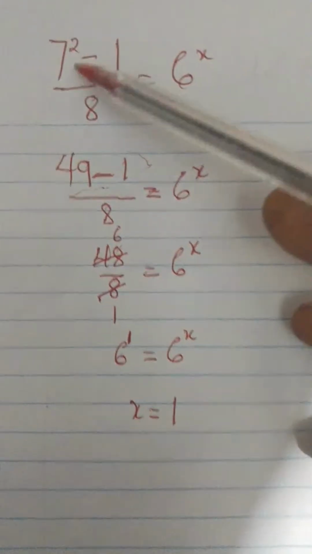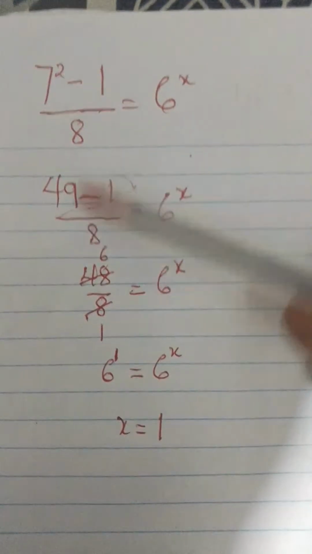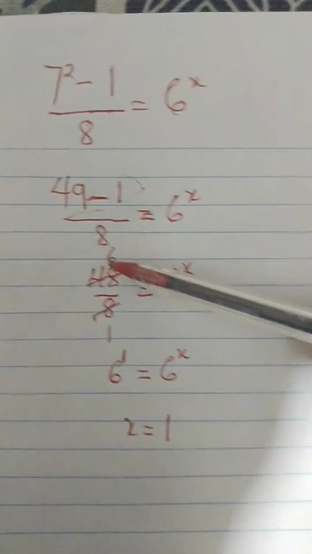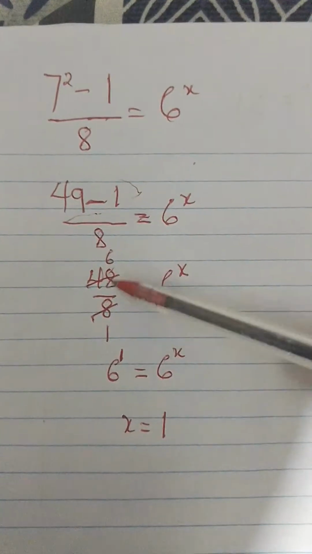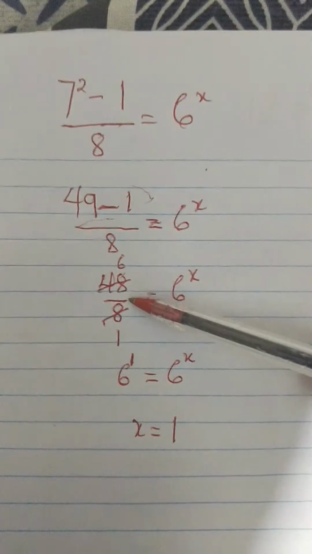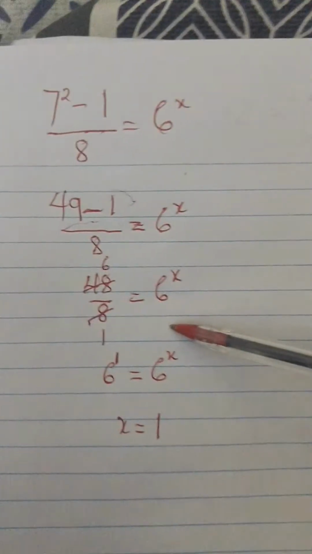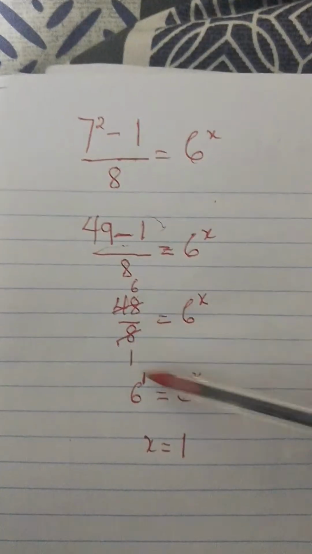We have 7 squared, that is 49, minus 1 on 8 equal to 6 exponent x. And 49 minus 1 will give you 48, so 48 on 8 equal to 6 exponent x. Then we have 6.